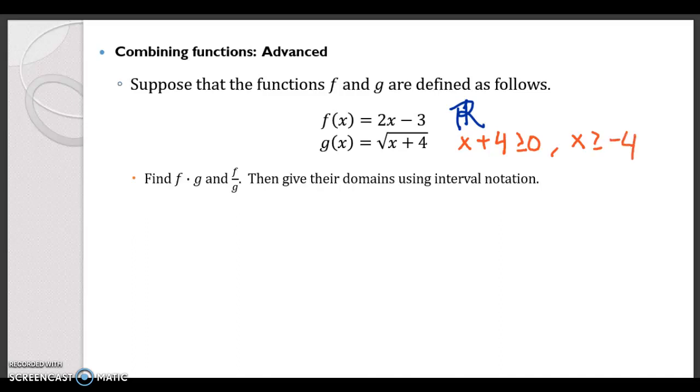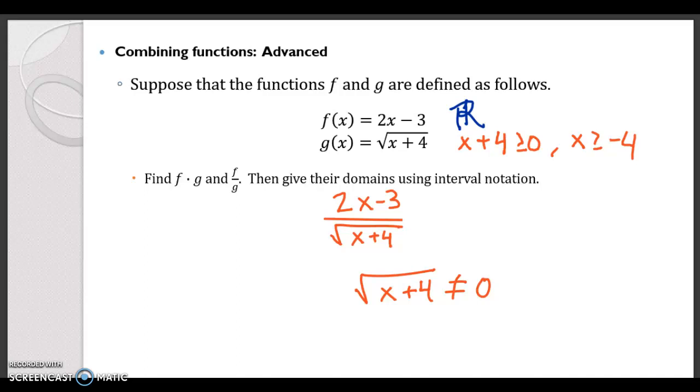But what does f divided by g look like? It looks like 2x minus 3 over the square root of x plus 4. What do we know about the bottom of a fraction, the denominator? Well, we know that the square root of x plus 4 cannot be 0.